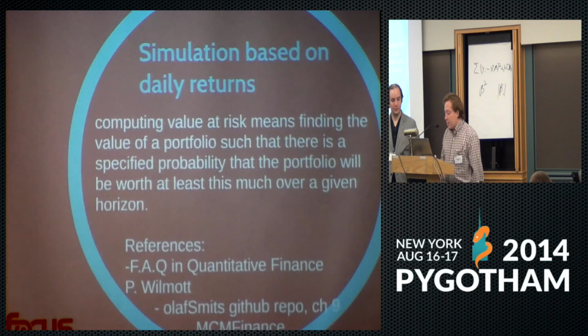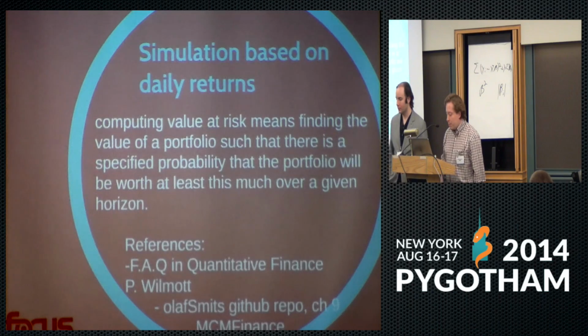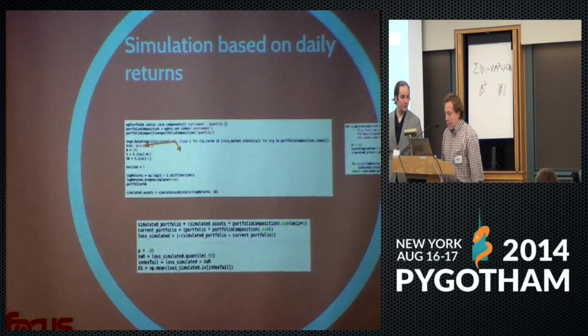The references that I recommend are Frequently Asked Questions in Quantitative Finance by Paul Wilmott, and we are taking functions from a repo from Oleg Smith about a book of Monte Carlo methods in finance. So you can check both, which is the original functions plus how we adapt these examples.